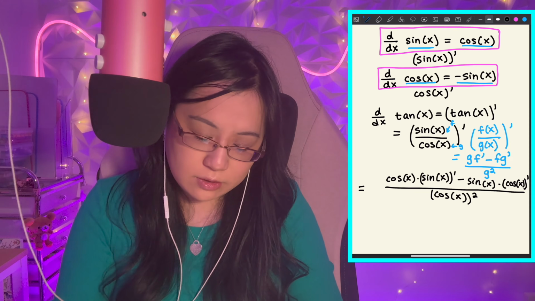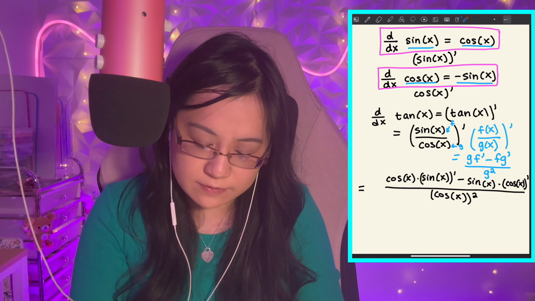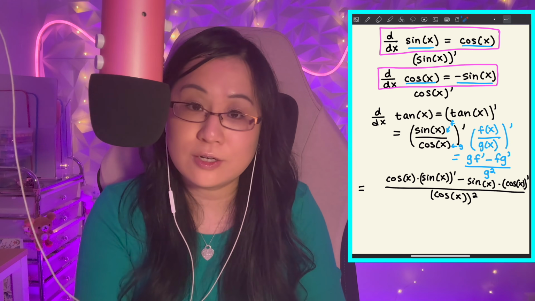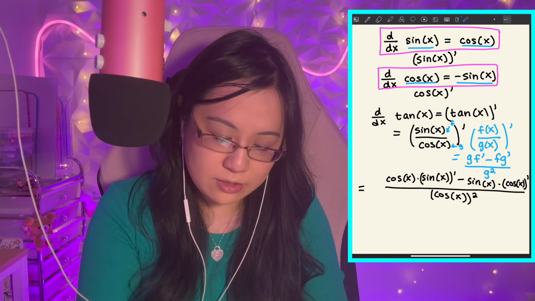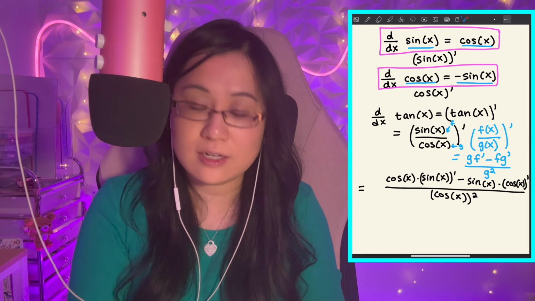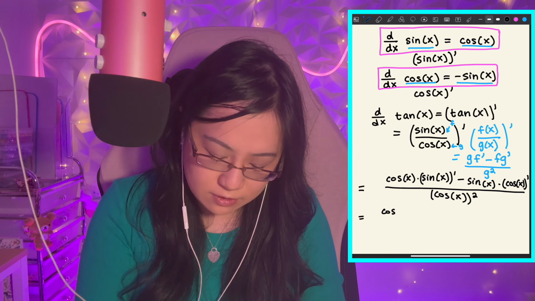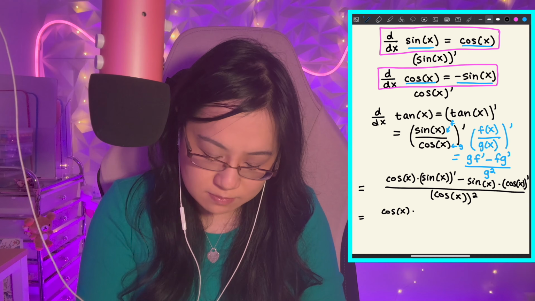Alright, so let's use the derivatives that we know now. We know that the derivative of sine of x is cosine x, right? And the derivative of cosine x is negative sine x. So we're just going to plug those in here. So we have cosine x times the derivative of sine of x, which is cosine x.